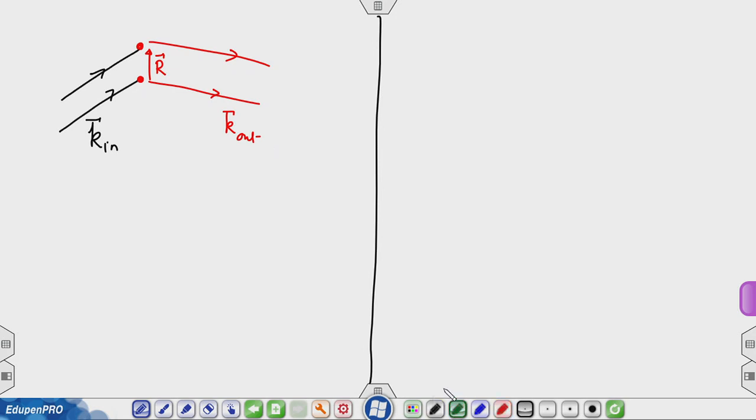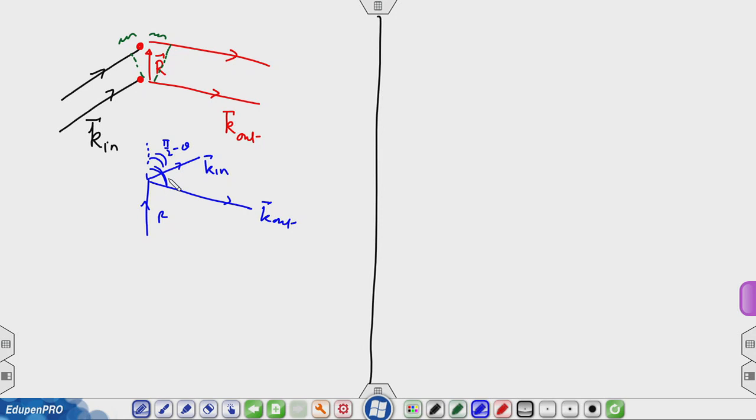The phase difference is given by the distances here, this distance plus this distance, and if you look at this angle, this is r, this is k in, this is k out. This angle is pi by 2 minus theta, where theta is the surface perpendicular to r, and this angle is greater than pi by 2.